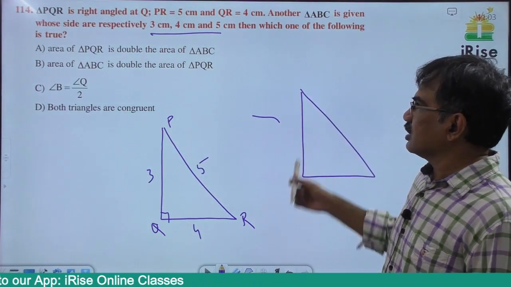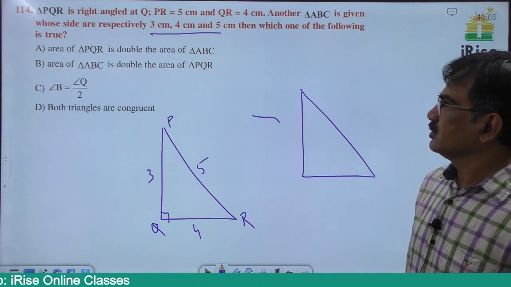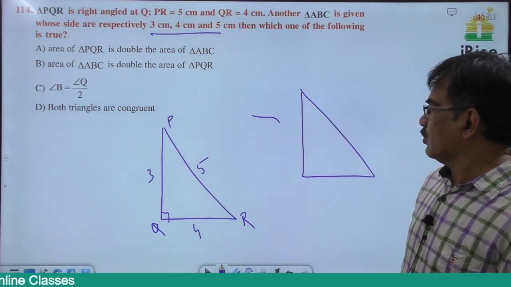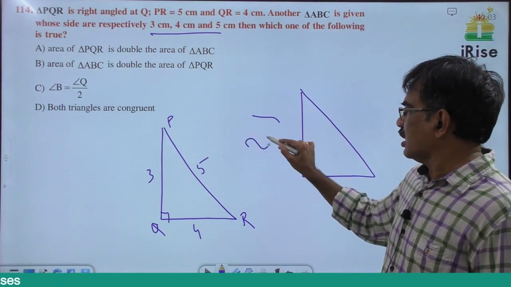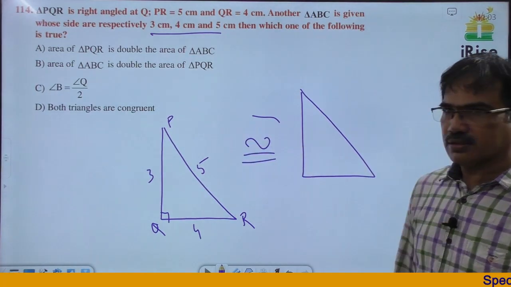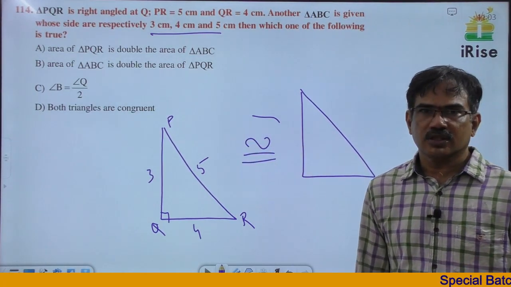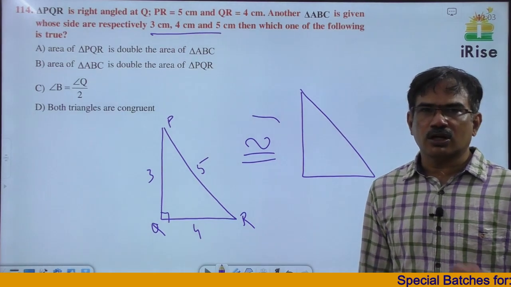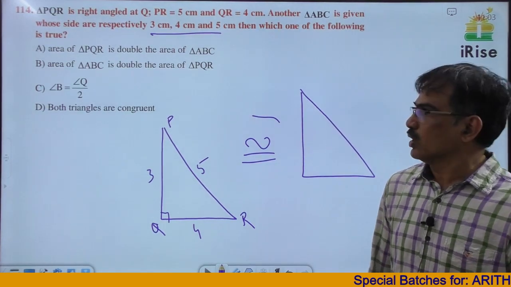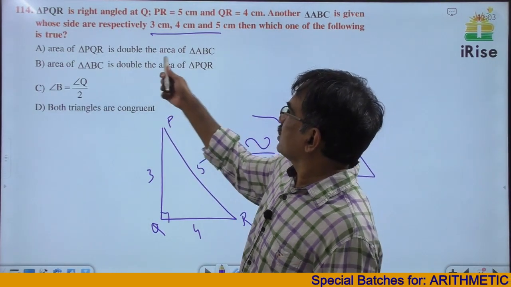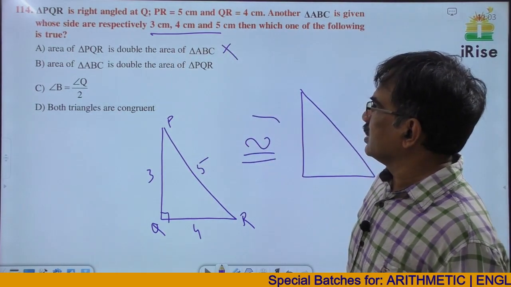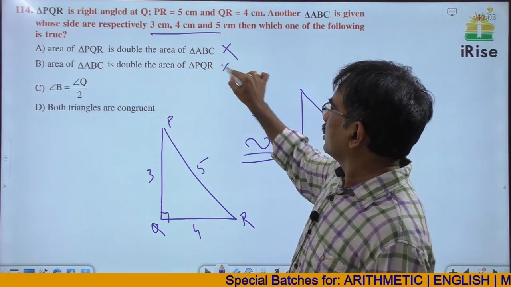For this the sides are also 3, 4, 5. Therefore, these two triangles are congruent triangles. Corresponding sides are equal. Automatically, areas also equal. Area of PQR is double the area of triangle ABC? Area of ABC double the area, not.